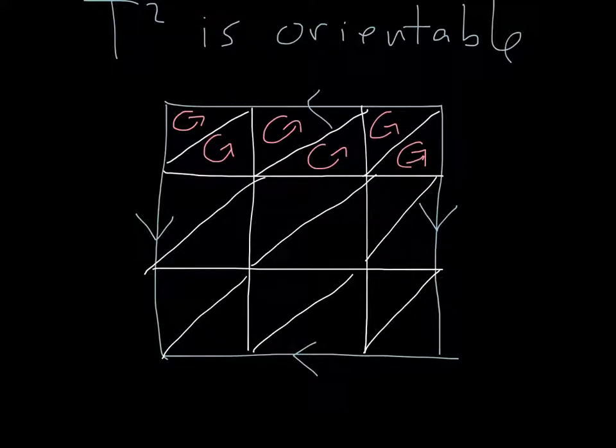Now, notice when we glue these two edges together, I'll need to have this one compatible with this one. But since there are no flips, it works. Now, to get the orientation on this face, I have to look at the one that touches it and the common edge. So the orientation has to be like this, and so on and so forth.